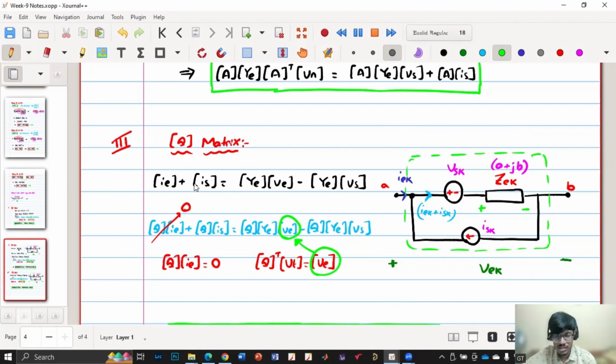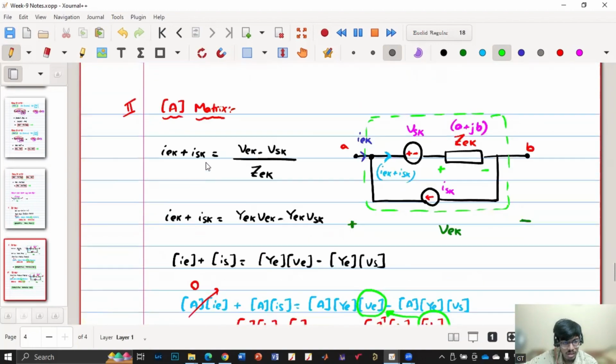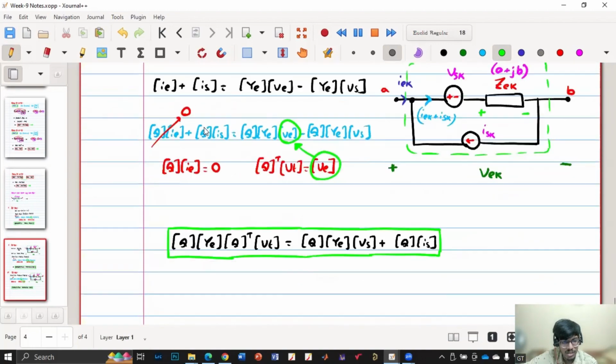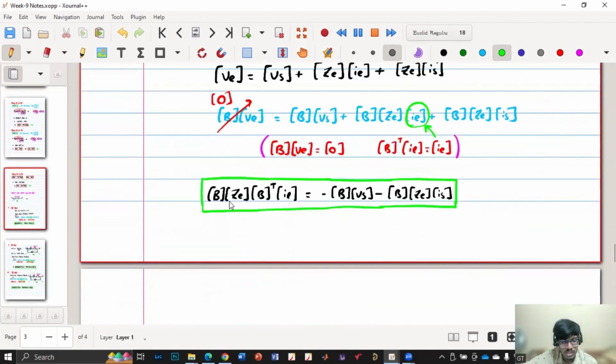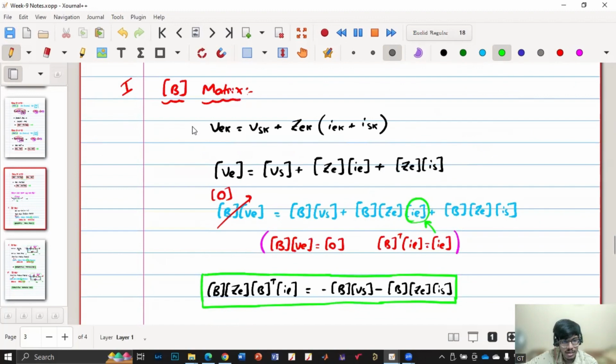So in any given circuit, first you have to either proceed with A matrix or B matrix or Q matrix. So say first we are fixed and we are saying we'll proceed with the B matrix. Then we have to get the B matrix first, then ZE matrix, then VS matrix, then IS matrix. Then you have to substitute everything here. Then you will get loop currents, using which you will get element currents and other currents as well.